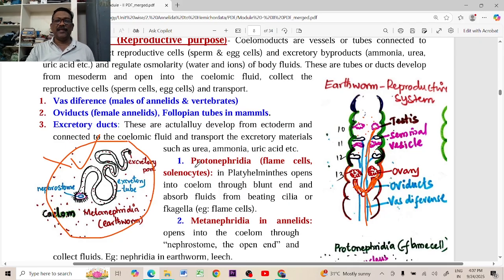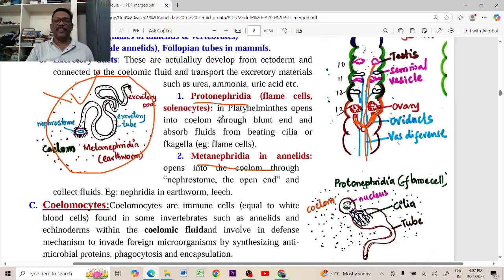But here, protonephridia and metanephridia, we especially focus on. Protonephridia are present in the platyhelminthes, flame cells, and solenocytes. But the metanephridia, called integumentary nephridia, pharyngeal nephridia, and segmental nephridia, are found in Annelida, the earthworm.